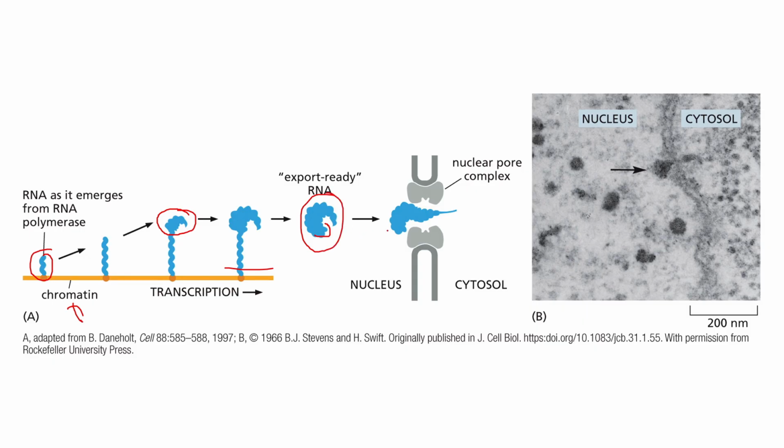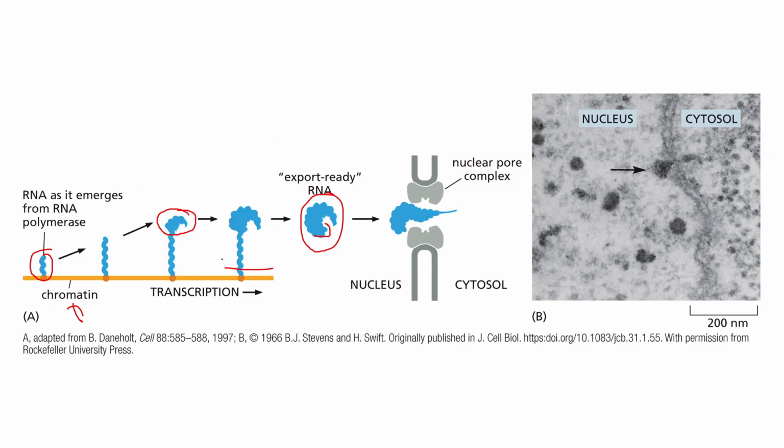Now to export it out properly, what's going to happen is that these proteins, depending on what type of proteins they are, either stay attached to the mRNA and then lodge themselves into the endoplasmic reticulum, or they get dissociated and stay in the nucleus to start the process all over again.